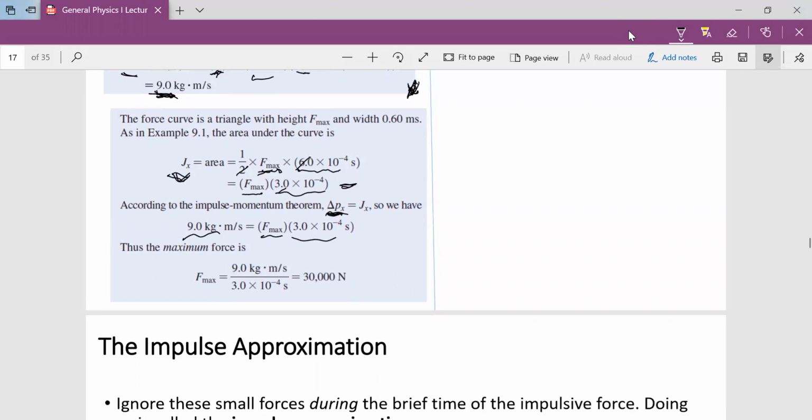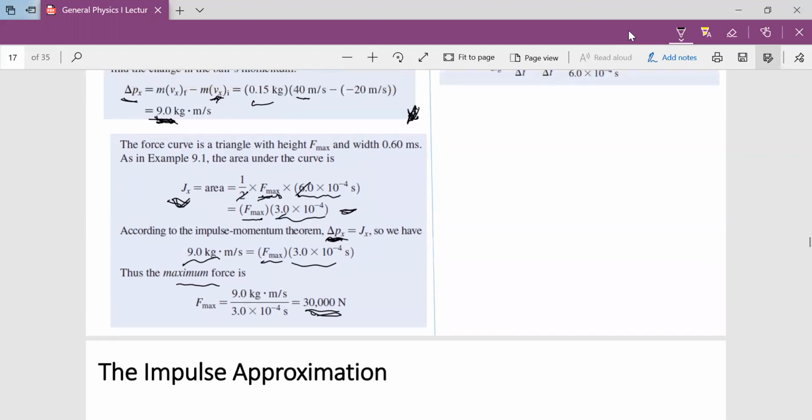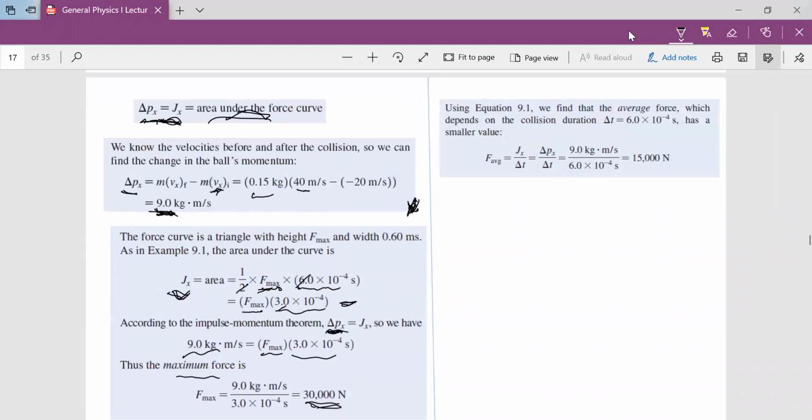Make F max the subject of formula, which is the maximum force. We'll now have 9 divided by 3.0 times 10 raised to the power minus 4 to give us 30,000 Newton. So we now know our F max.